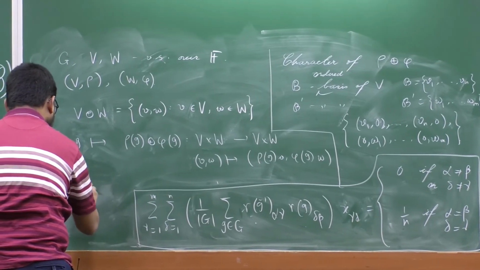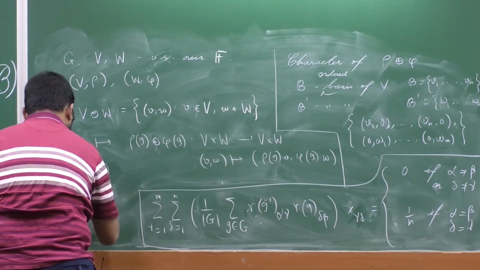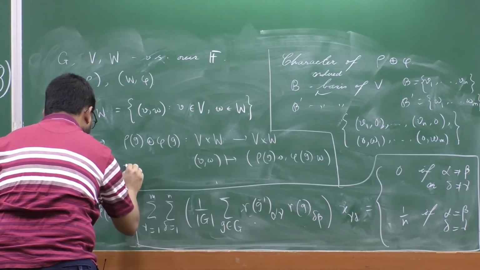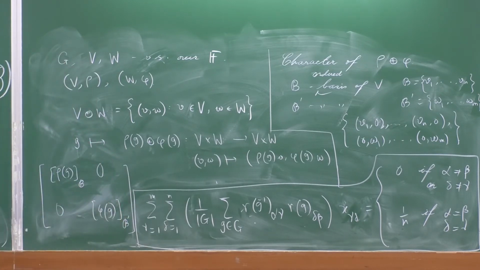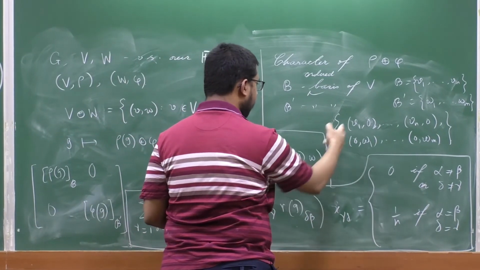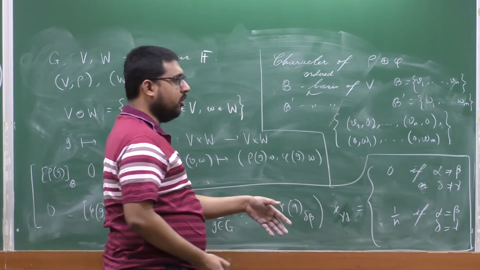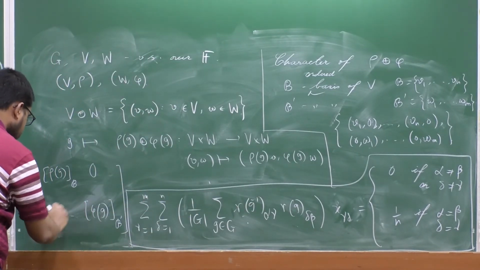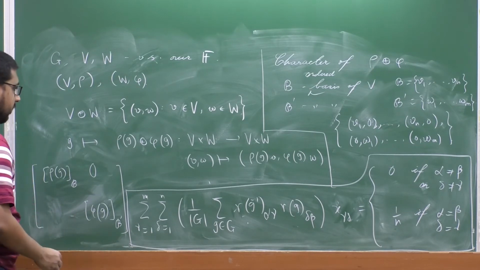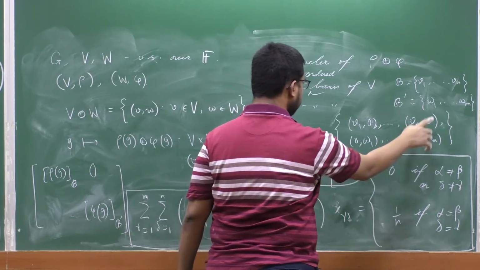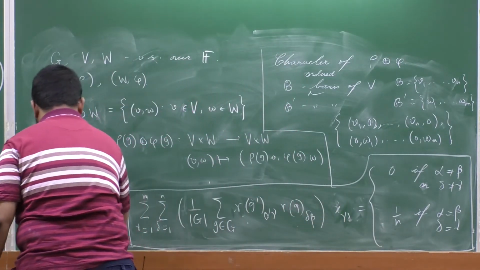this block diagonal matrix. This is what we are going to get. That is pretty simple, because in the first n vectors the second components will throughout be 0. So we are going to get 0 here.